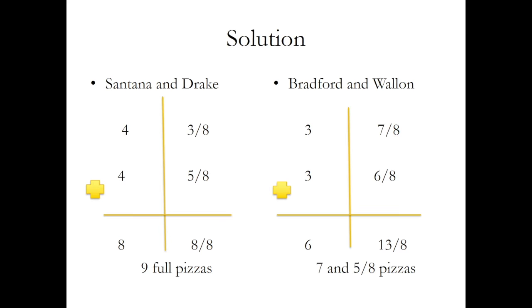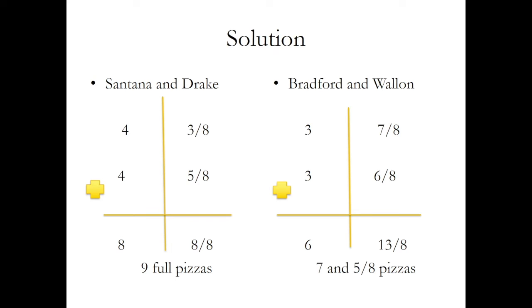So I got 8/8 when I added 3/8 plus 5/8. And then now I can just add my whole numbers where I have 8. Now I have 8 and 8/8. But if I know I have 8 equal parts and all of those 8s are shaded in, that's just going to equal one whole. So Santana and Drake are going to need 9 full pizzas to feed their class.